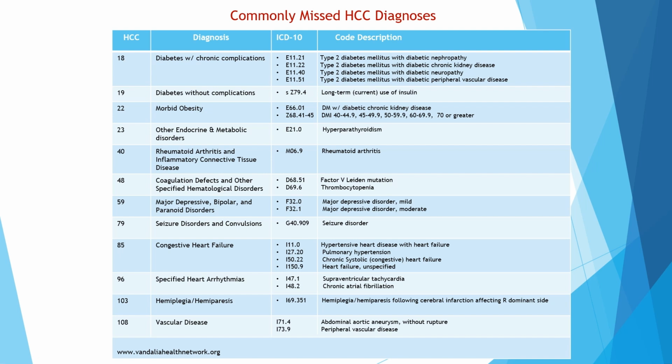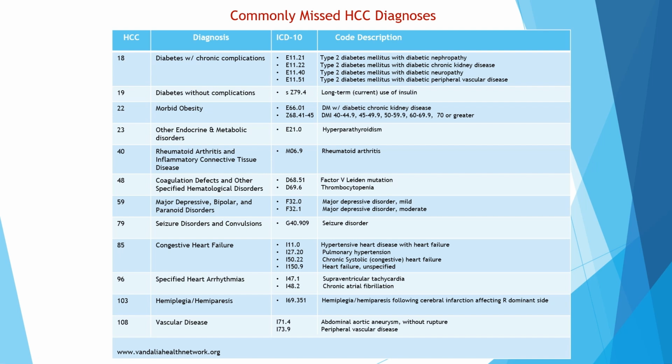ICD-10 code and descriptions are E66.01, DM with diabetic chronic kidney disease. Z68.41-45, BMI 40 to 44.9, 45 to 49.9, 50 to 59.9, 60 to 69.9, 70 or greater.